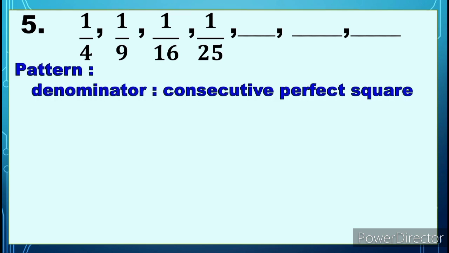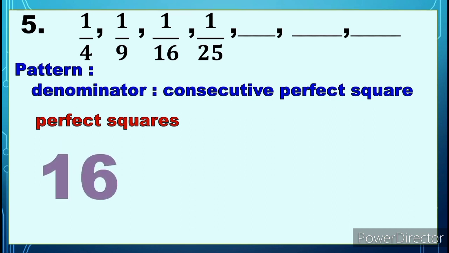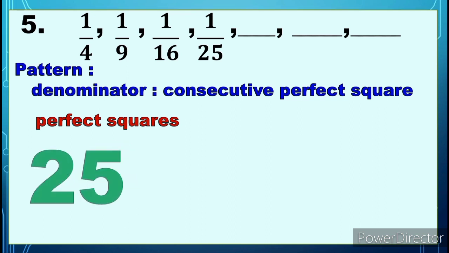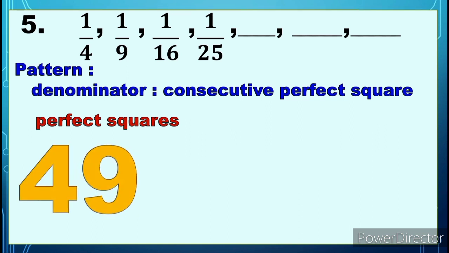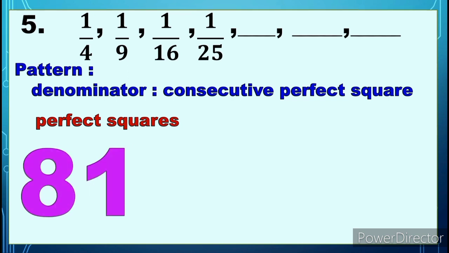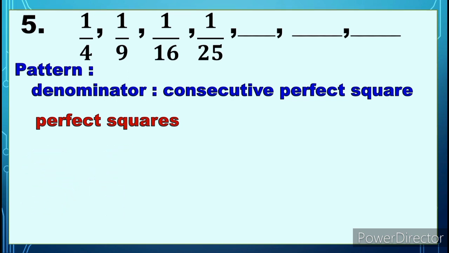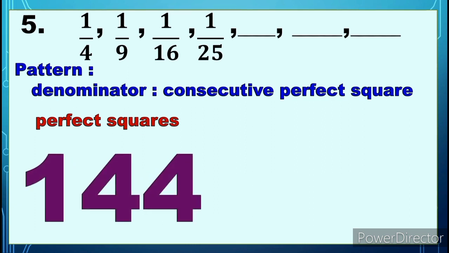Ang denominator ay 4, 9, 16, 25, which is, ang denominator natin ay consecutive perfect square. So, examples, we have 1, 4, 9, 16, 25, 36, 49, 64, 81, 100, 121, 144, and so on.